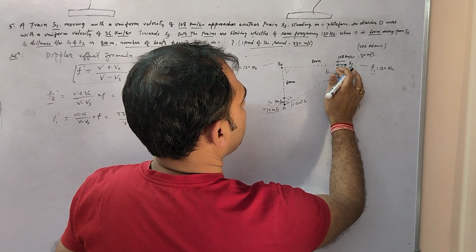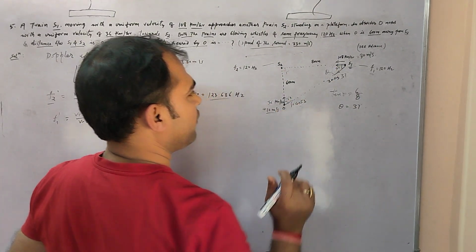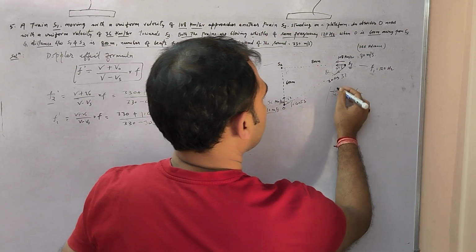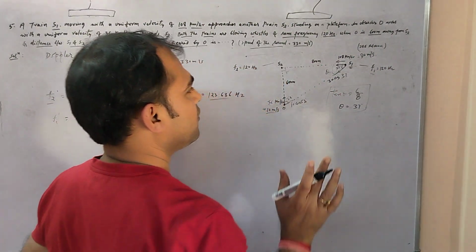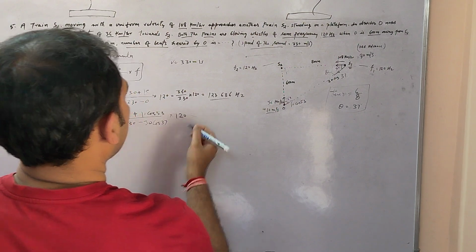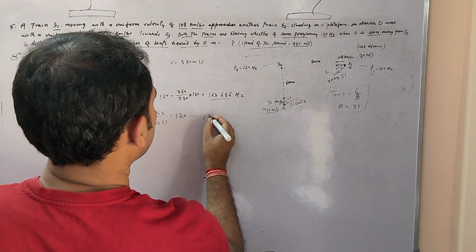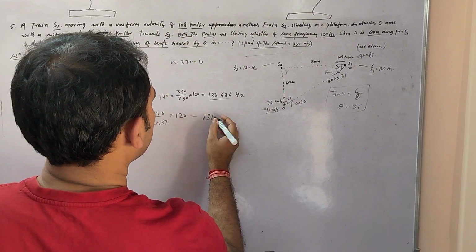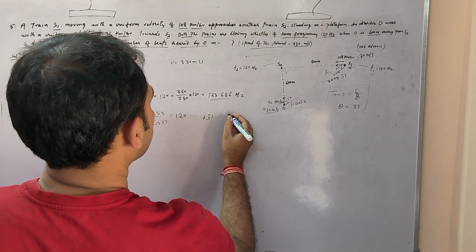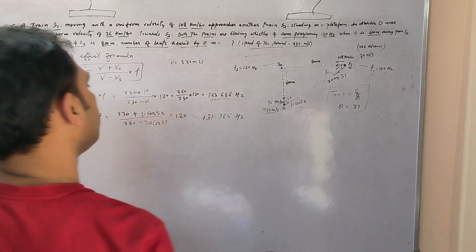This is 37, this is 90, so this will be obviously 53. I hope there is no issue. By solving, this will be something like 131.567 hertz.